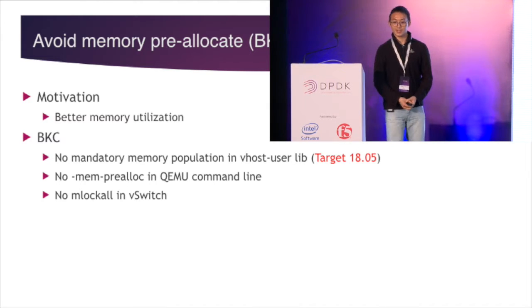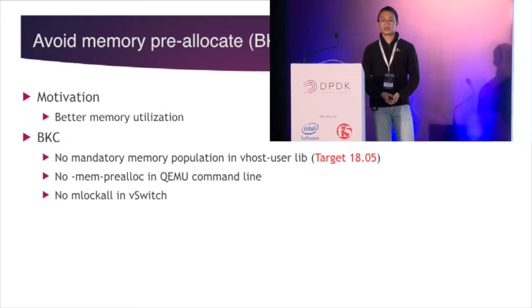After that, in the QEMU command line, we also need to specify that we don't need to allocate all the memory when we start QEMU. And finally, in applications like the virtual switch, we just don't use mlockall, that kind of operation, unless it's really needed.